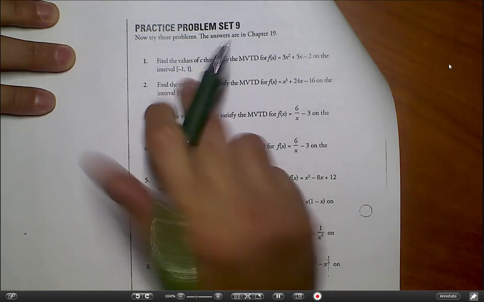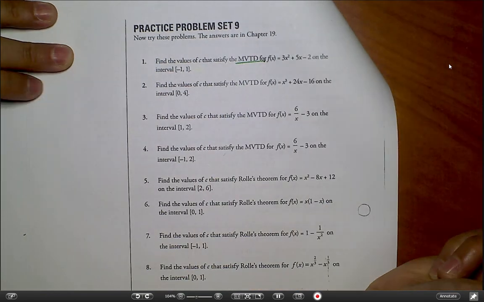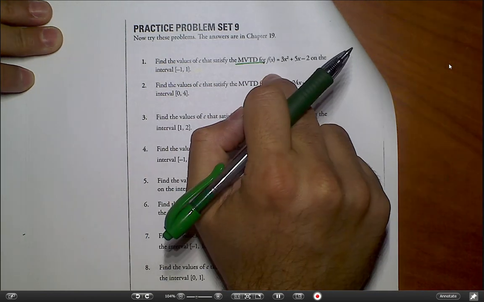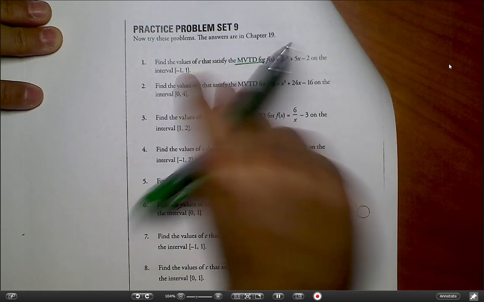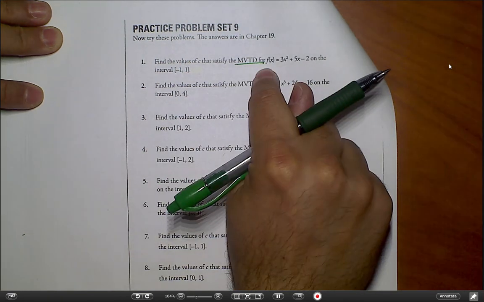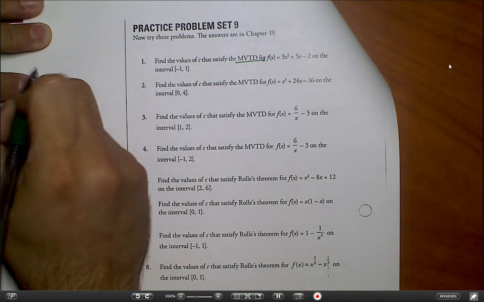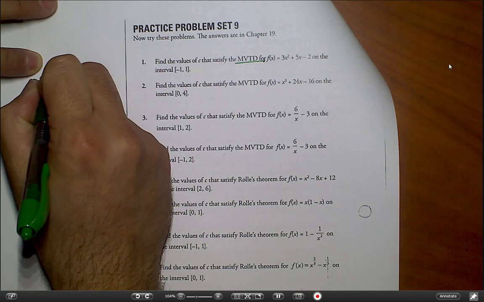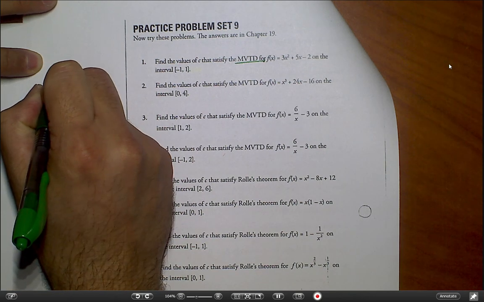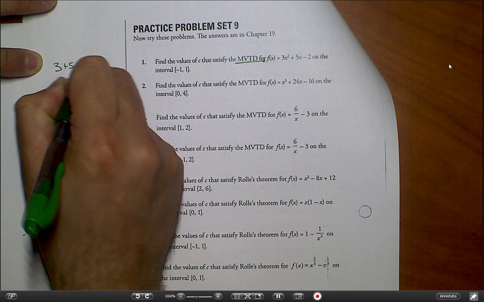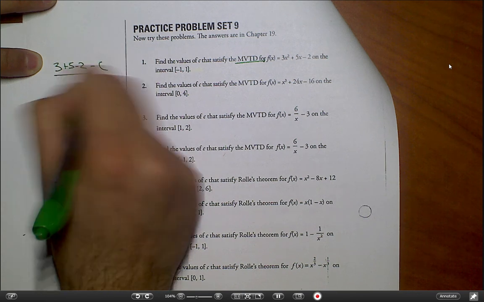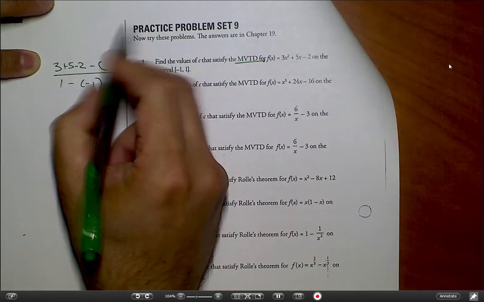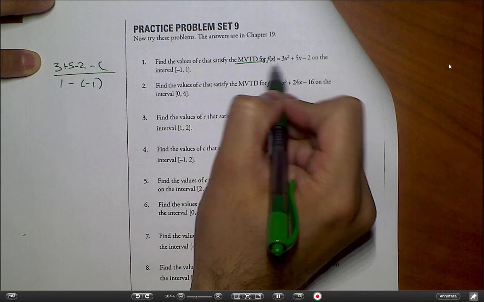Okay, first, right here, let's start plugging it in to find out what the slope is going to be over the interval. So f of 1 is going to be 3 plus 5 minus 2 minus negative 1, minus, negative 1 for all these.